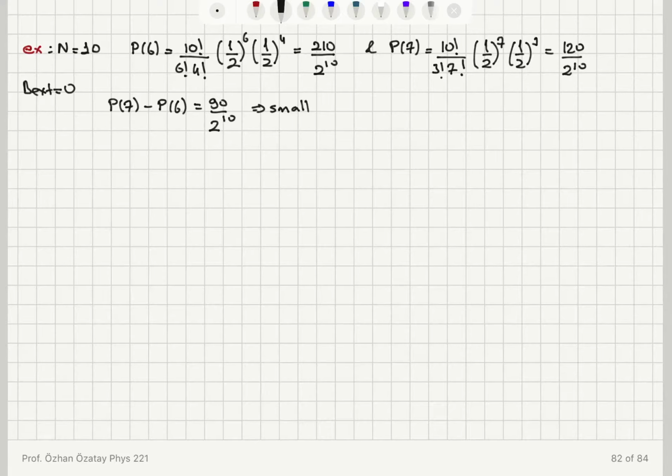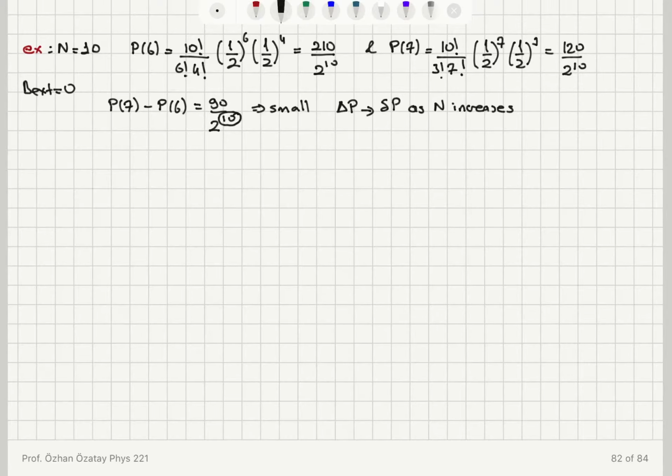So I realize that as capital N increases, a large variation in probability becomes a small variation in probability. You can see that this capital N is entering this calculation as a power of 2.